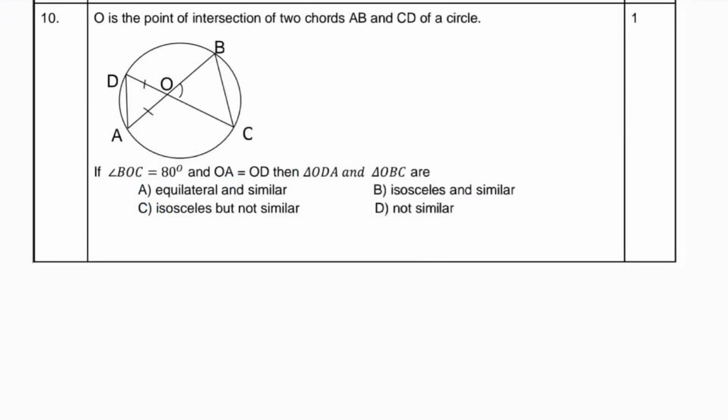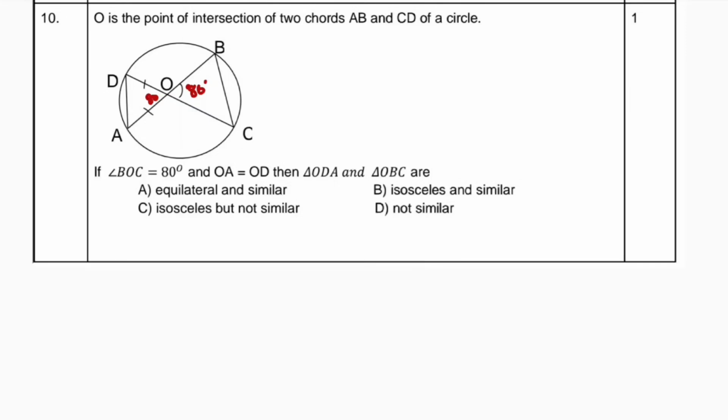Here O is the point of intersection of two chords AB and CD of a circle. Angle BOC is 80 degrees. The vertically opposite angles are also 80. Now they told OD equals OA.